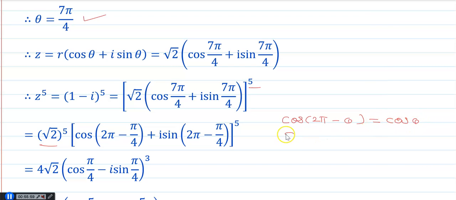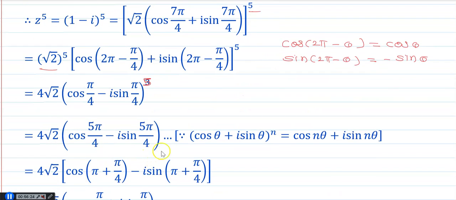And what about the sine of 2 pi minus theta? Sine of 2 pi minus theta equals minus sine theta. Okay, so cos of 2 pi minus pi by 4 is cos of pi by 4, and this is minus sine of pi by 4, and the bracket is raised to 5.